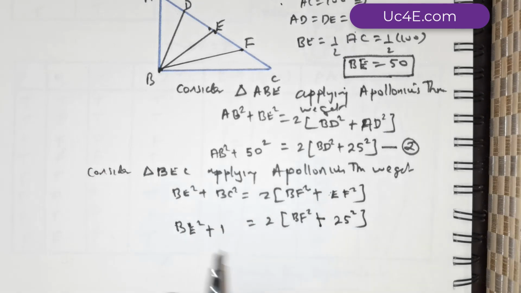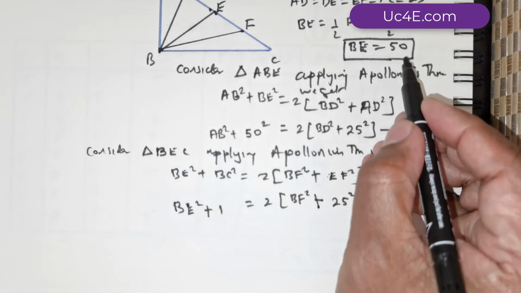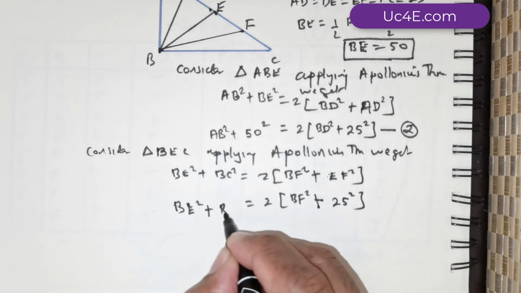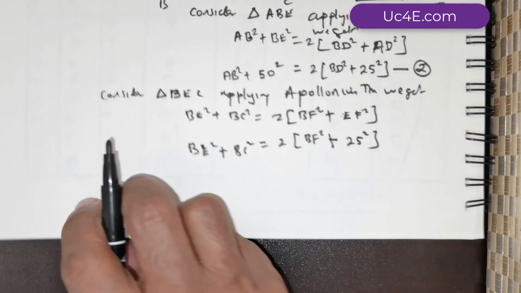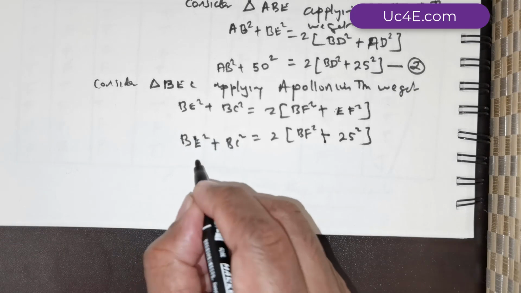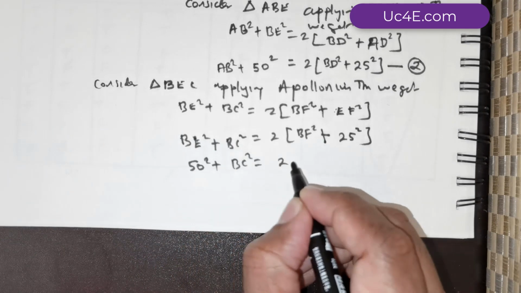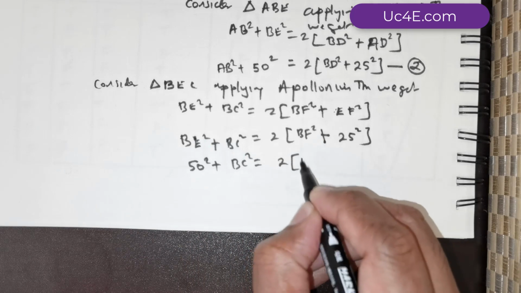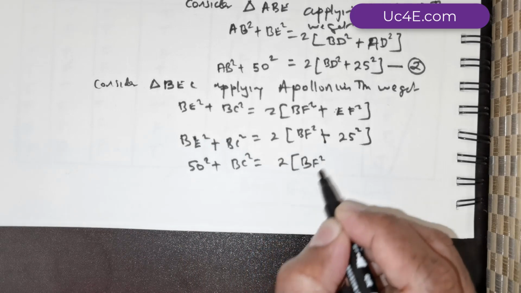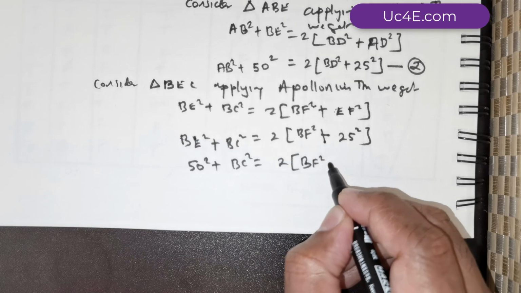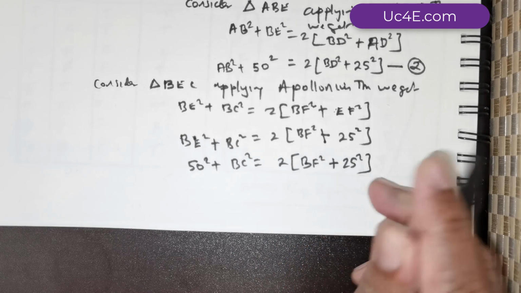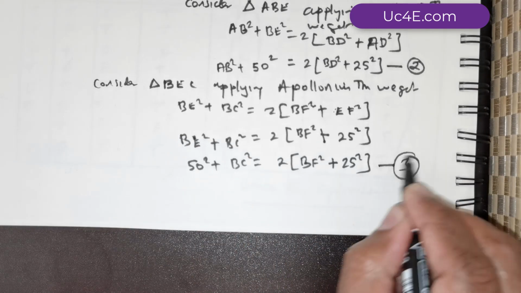No, just place BC squared. But BE squared we have a value for: 50 squared. So this is going to be 50 squared plus BC squared is equal to 2 times BF squared plus 25 squared. So this is another equation, 3.